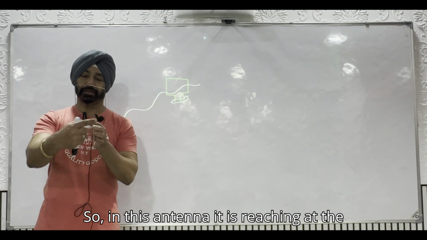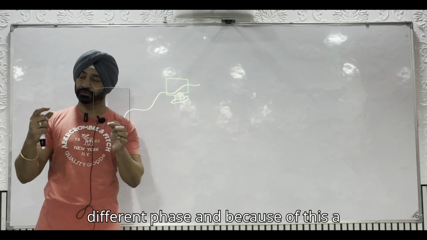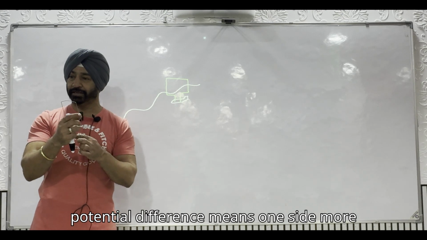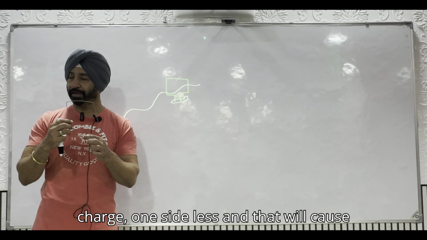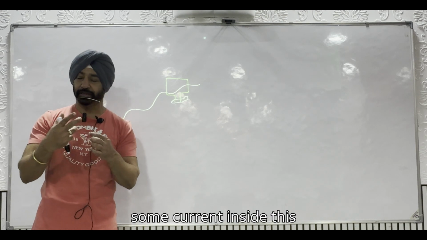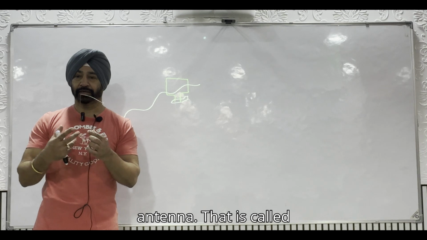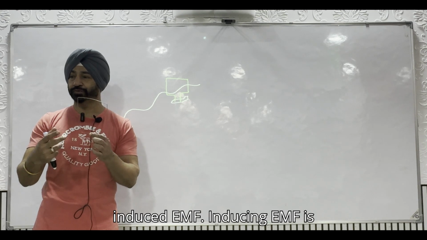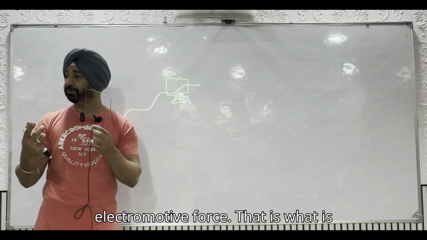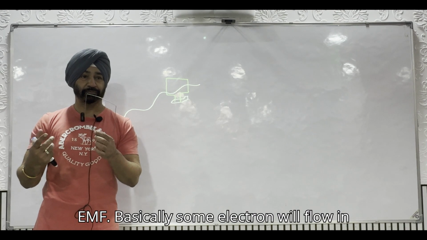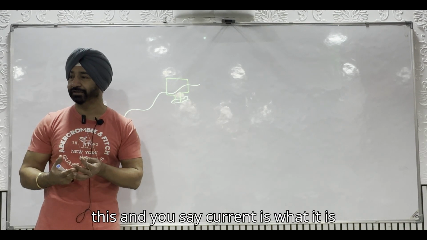So in this antenna, the signal reaches at different phase, and because of this, a potential difference, meaning one side has more charge and one side less, will cause some current inside this antenna. That is called induced EMF, electromotive force. Basically, some electrons will flow in this.